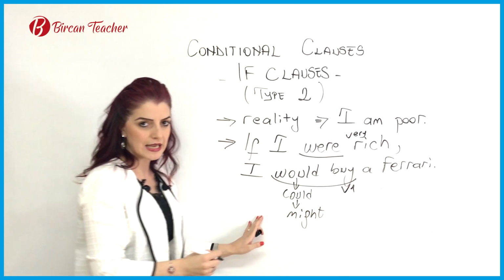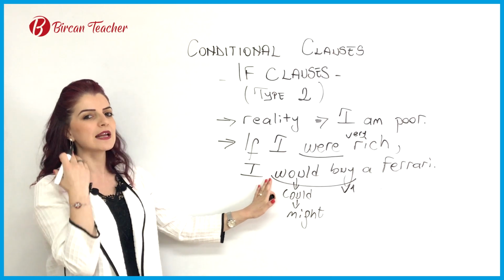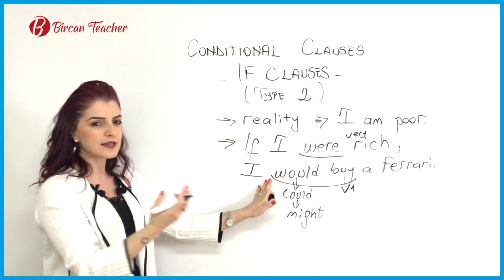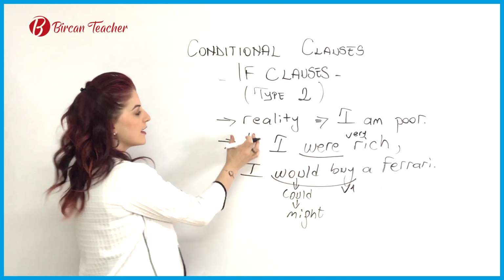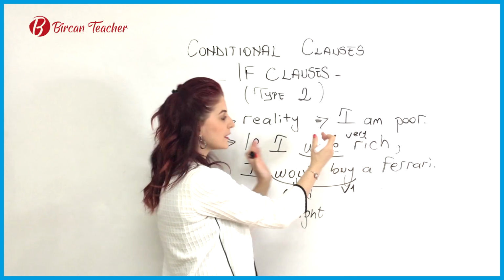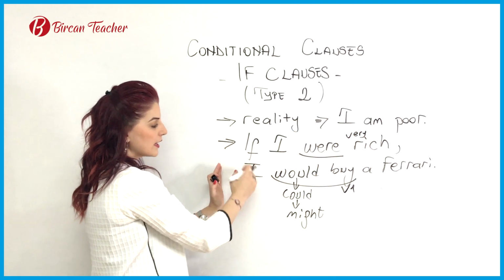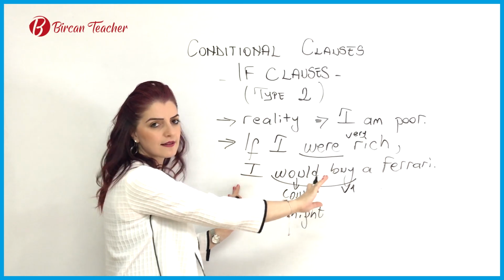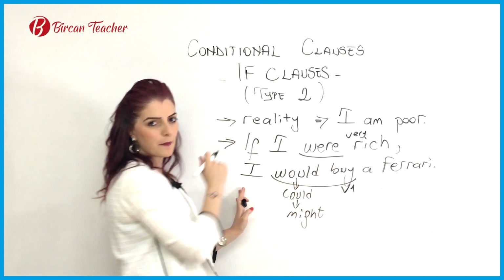They're also possible, but in general, we use would, we see and hear would. That's why it's a kind of rule, but it is not an exact rule. The rule means if plus simple past form in the if part of the sentence, but the second part, the rest of the sentence, should include would and base verb.